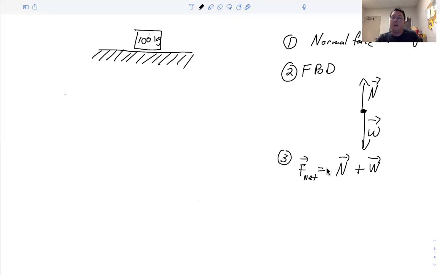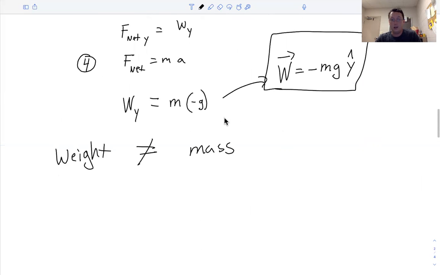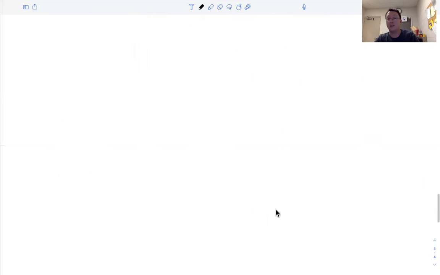All right. So now I'm going to write this in component form. It's only in the y direction. The normal force is in the y direction, which is kind of redundant because the normal force has to be perpendicular to the surface. And then the weight, we found from the previous example, the formula for weight in the y direction is minus mg, and 0 in the x direction.